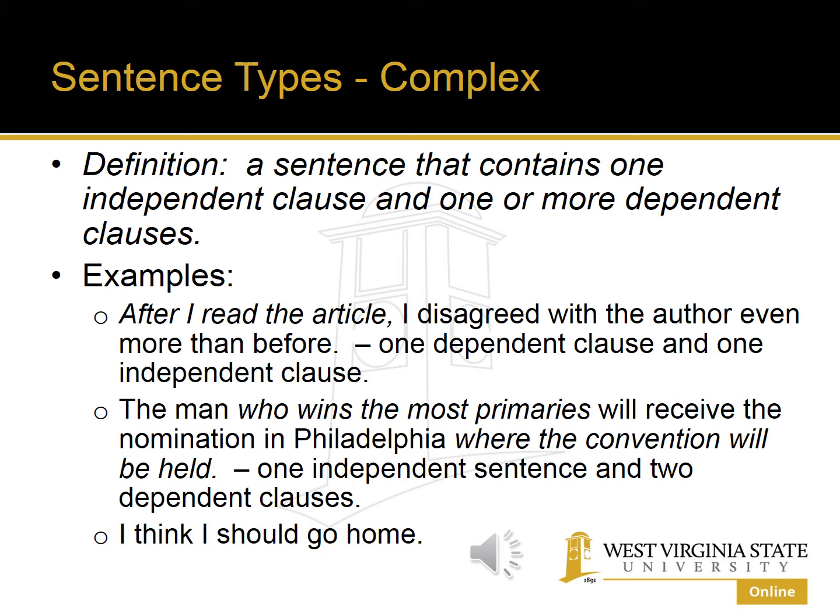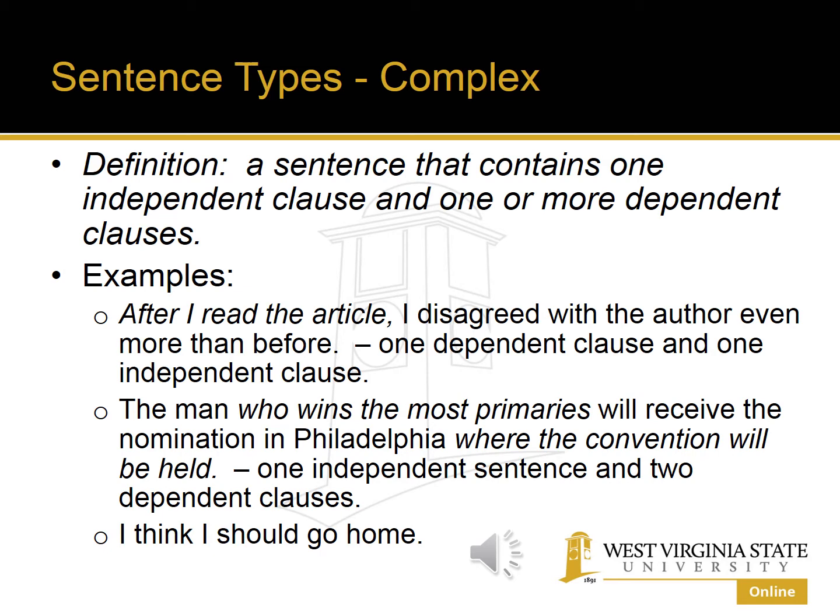Another example. The man who wins the most primaries will receive the nomination in Philadelphia. Not going to end the sentence there. We've got a relative clause that begins with who wins the most primaries, and that, as we've already learned, a relative clause is another type of dependent clause.